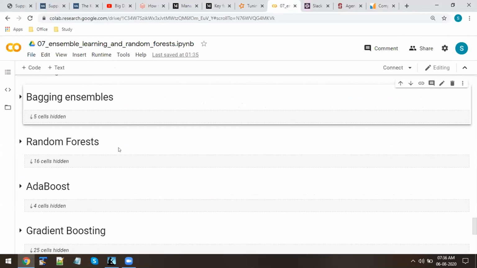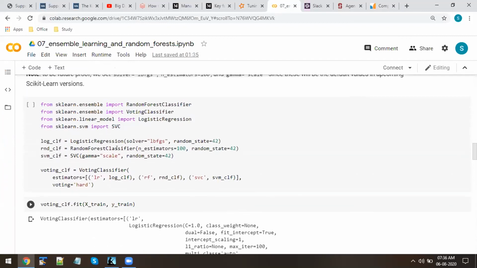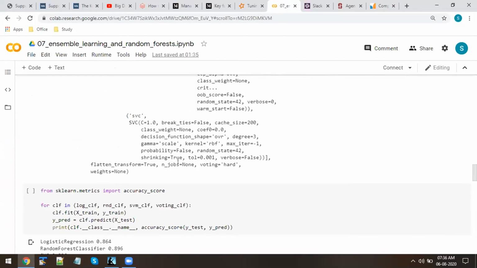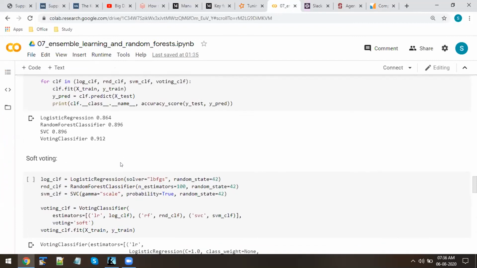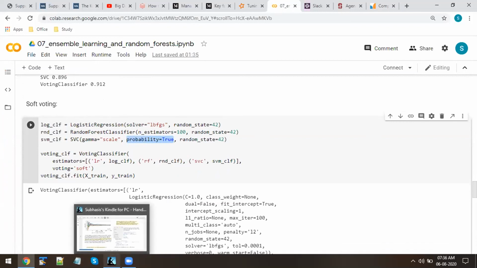Inside that you can see the hard voting classifier. For the linear SVC, they are taking the SVC with gamma scale and the standard parameters, and this is for the hard voting classifier. Now when they come up with the soft voting classifier, along with the other parameters, they set probability. I see. So it can give a predict proba output.